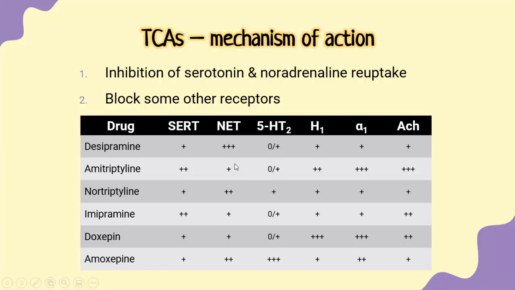They can also block minimally the serotonin 2 receptor. They can block the histamine H1 receptor, alpha 1 receptor, and also the acetylcholine muscarinic receptor. So basically, the effects are not as specific as SSRI and also SNRI. So you can see the other examples as well.